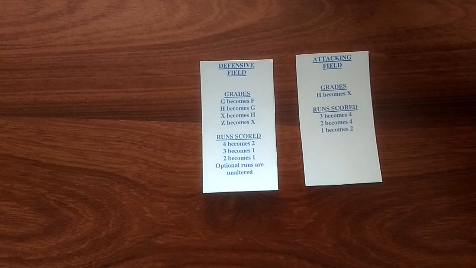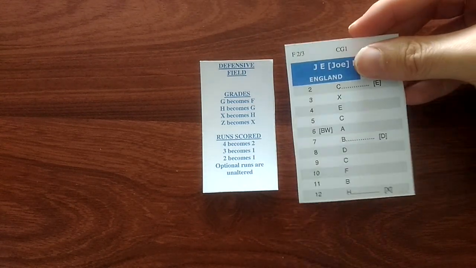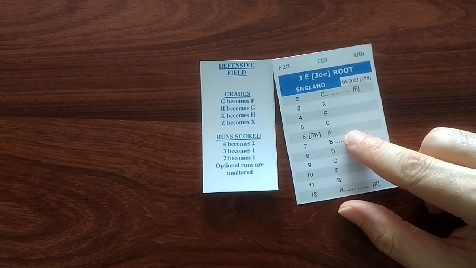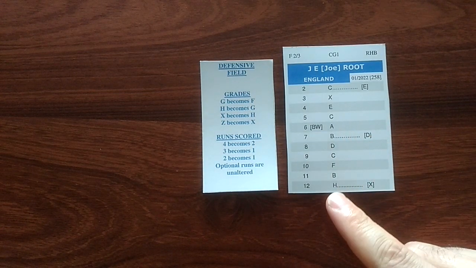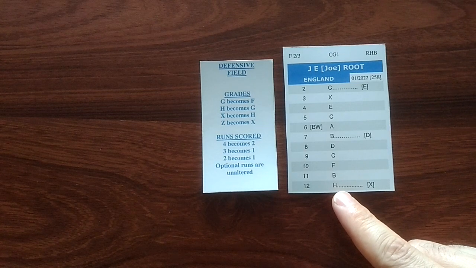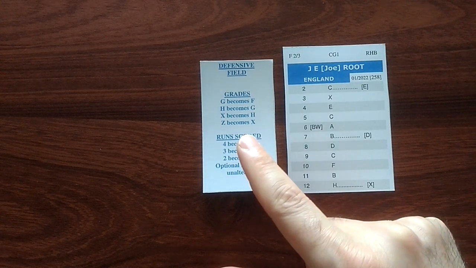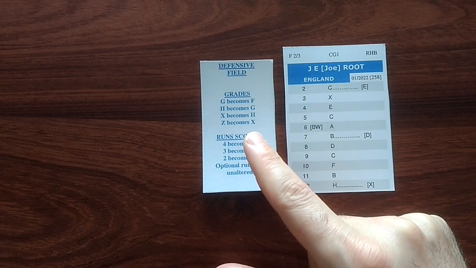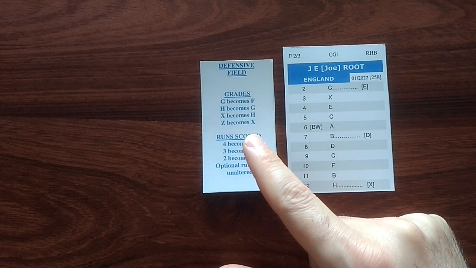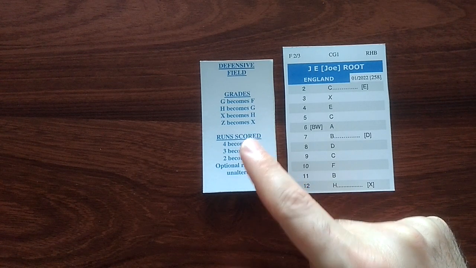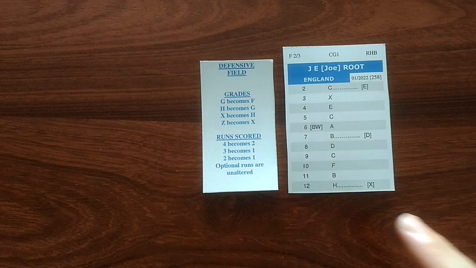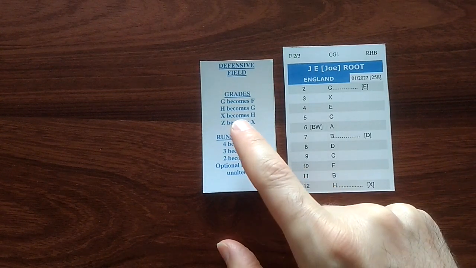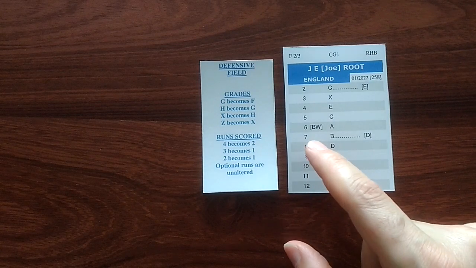So the batting grade that appears on the card, and I'll get Joe Root out again, will change. For instance, let's see what we've got here. We got an H from Joe Root. If the defensive card was in use and it came up that we need to factor in that defensive card, then that H for Joe Root will become a G, which is a little bit better.